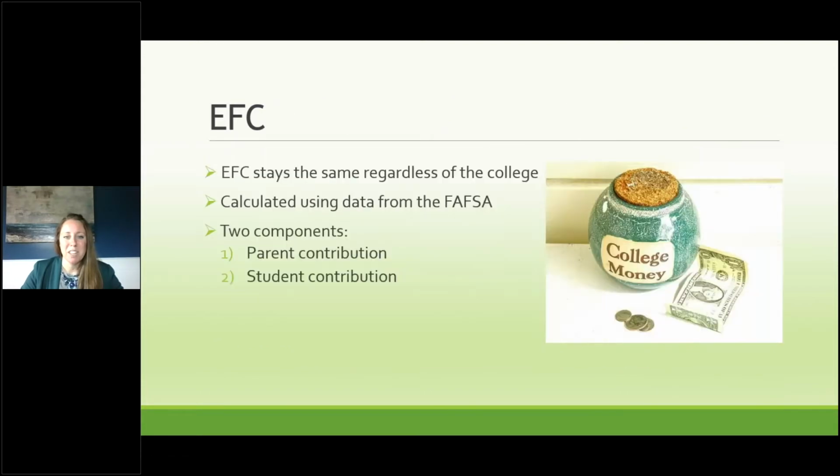So if something looks funky on EFC, it's important for the student to talk with the financial aid office, because perhaps something was entered wrong in the FAFSA. Maybe there's a lot of information, especially the first time around doing the FAFSA, not knowing what to expect.